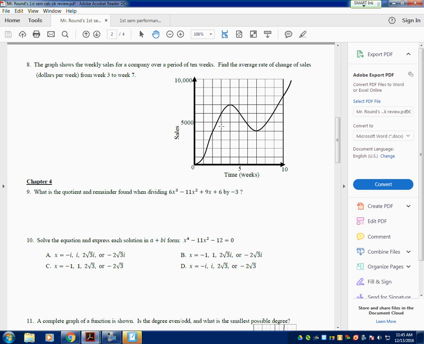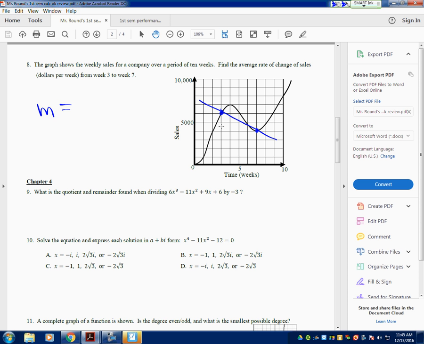Number 8. If you want to find the average rate of change of sales from week 3 to week 7, you're finding the slope of this line that I just drew between those 2 points. So to find the slope of that line, m is equal to y2 minus y1.